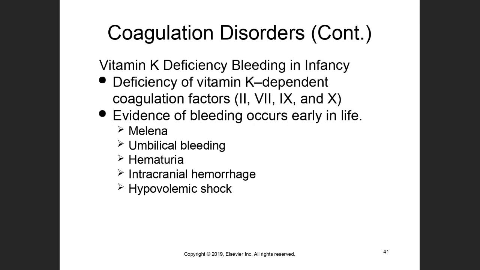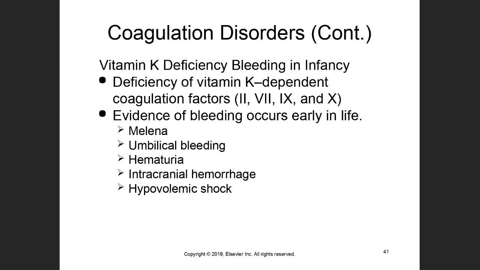Why? Because vitamin K is produced by the normal flora of your gut. Your gut means your intestine. In your intestine, we have flora. Flora is like bacteria under control, and those bacteria produce the vitamin K. When you are a newborn baby, you are basically sterile.